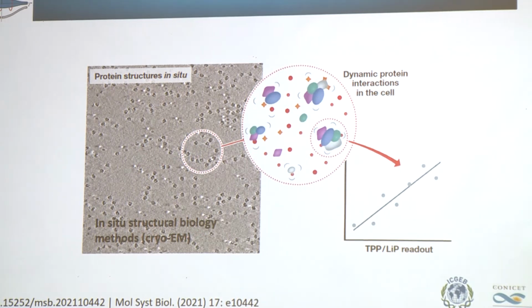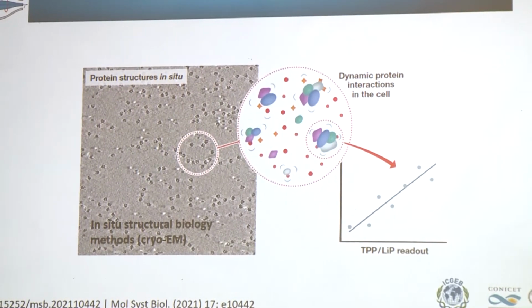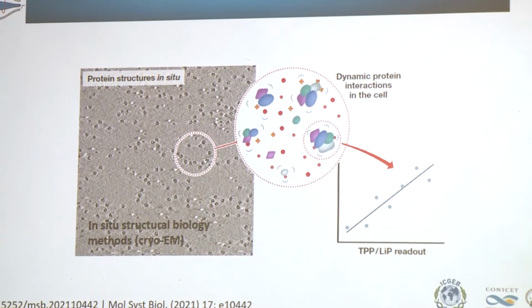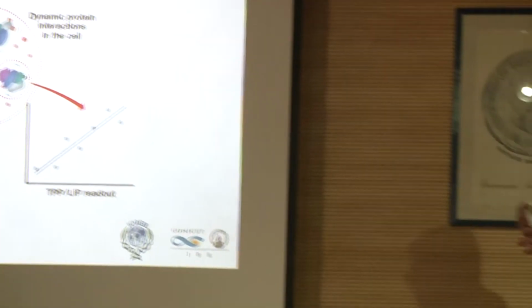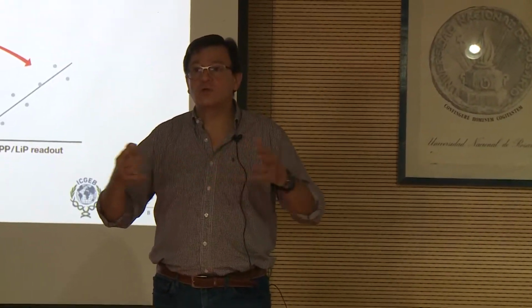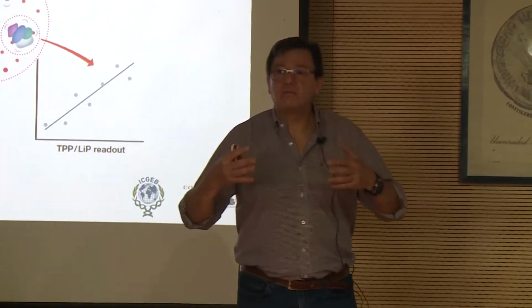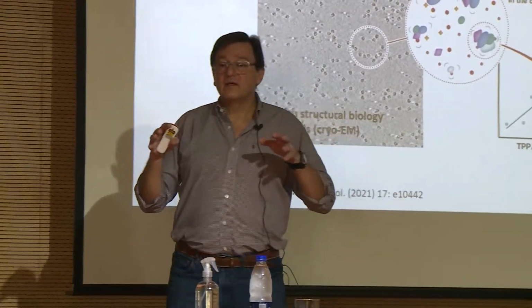So maybe the idea is not only to integrate different proteomic approaches to see interactions or changes in the proteome, but also to integrate different biophysical methods to increase the capability to understand the complexity of a cell. That's it for today. Thanks.